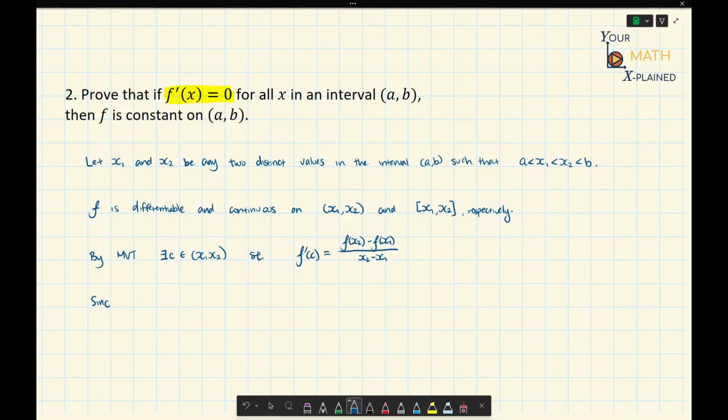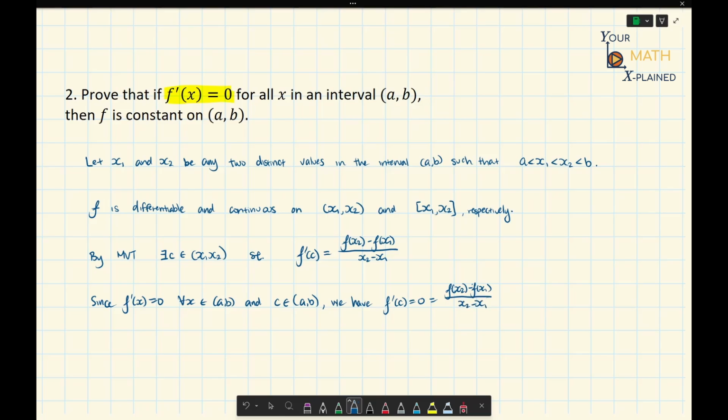Now, since f prime of x is equal to 0 for all x in the interval AB, and our value c, which is in x1, x2, which is a subset of our interval AB, c is in the interval AB. So therefore, we have f prime of c is going to be equal to 0, which is equal to f of x2 minus f of x1 divided by x2 minus x1.